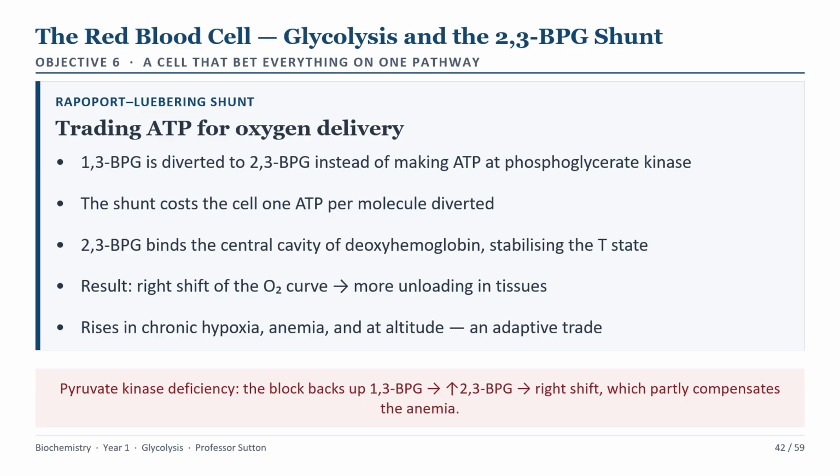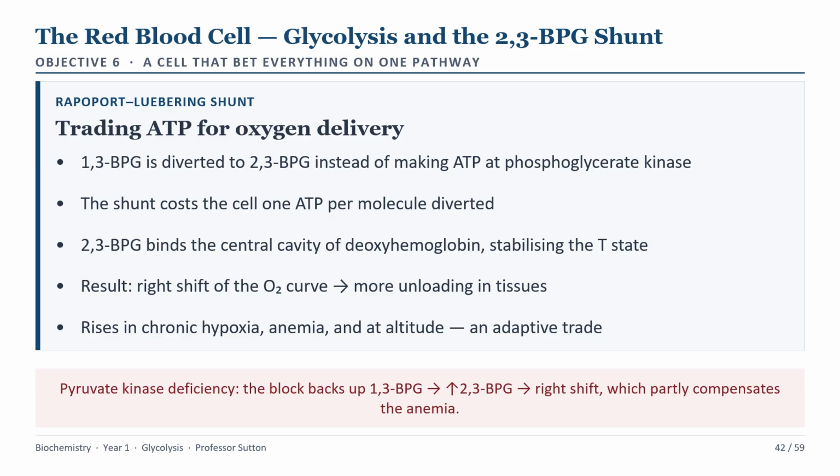In pyruvate kinase deficiency, the block is at the bottom of the pathway. Everything upstream backs up, including 1,3-bisphosphoglycerate. More substrate for the shunt means more 2,3-bisphosphoglycerate, a right-shifted curve, and better oxygen unloading. So these patients tolerate their anemia better than the hemoglobin number predicts.